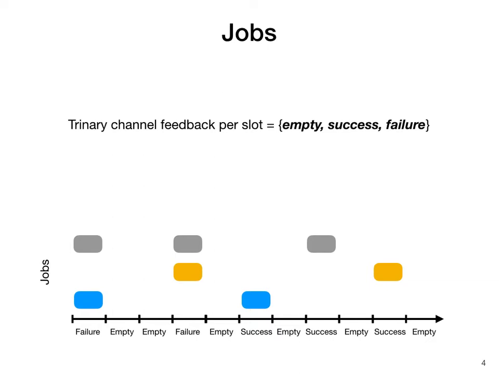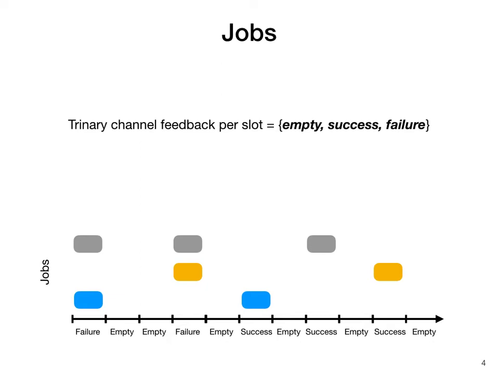All other jobs can hear this message if they're listening to the channel, and the sender knows it was successful. Finally, if two or more jobs send on the channel in the same slot, then none of these broadcasts succeed, that is, they all fail, and this is often referred to as a collision. Any job that listens will hear noise. It could differentiate this from the case of an empty or successful slot. These cases are illustrated in the figure.